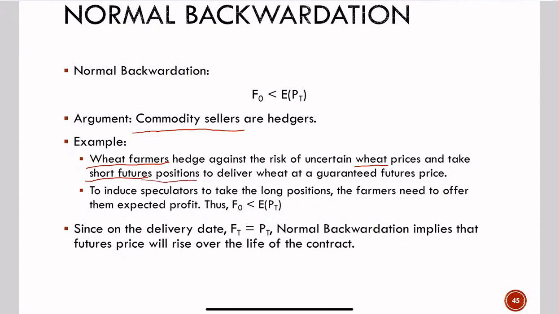If I am the farmer, I have some wheat and I want to sell it next year, I could enter a short futures position at a futures price of 100 per ton. Then this means that next year, on the delivery date, I will for sure sell my wheat at $100 per ton. So the uncertainty will be completely removed.